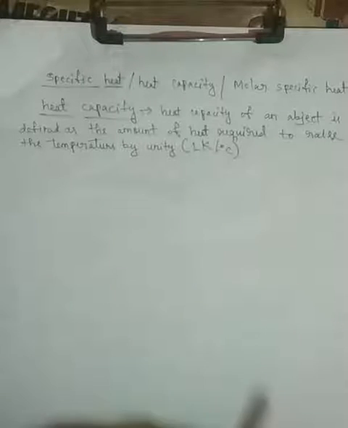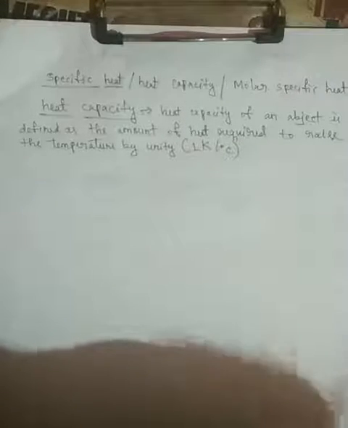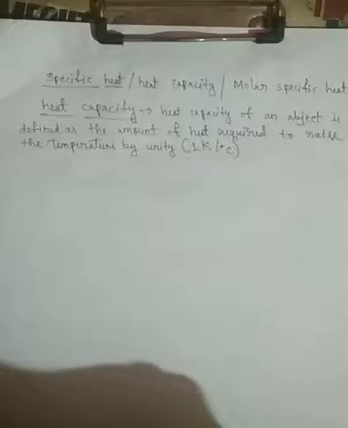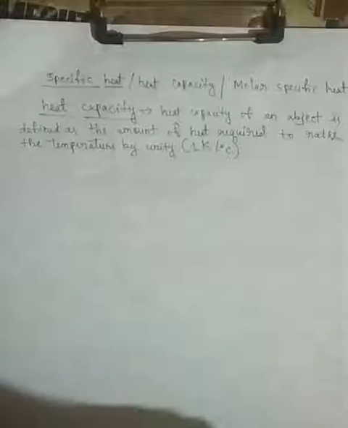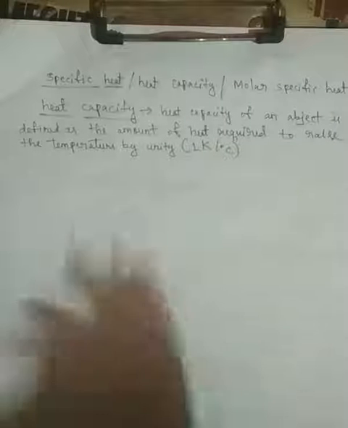So heat capacity is defined for an object, and it is defined as the amount of heat required to raise the temperature by unity. Okay, we will consider examples and try to understand in depth.